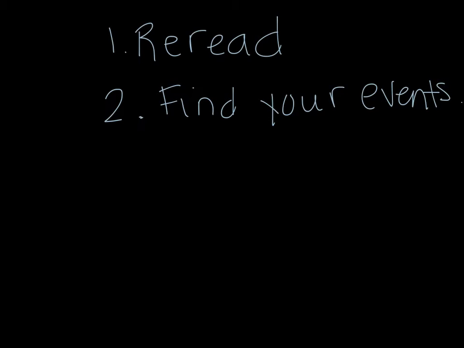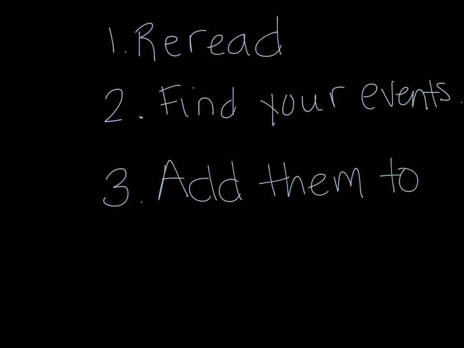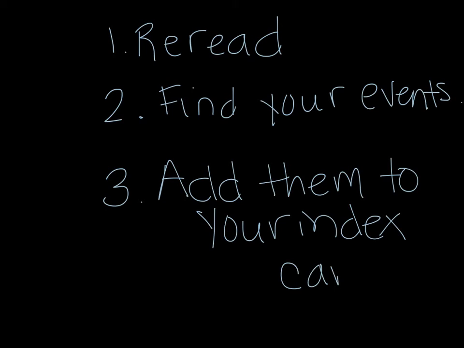If you don't, then you can add those before adding them to your index cards. Adding them to your index cards would be the last thing that you would want to do. Be sure they are details that show, not tell, what you're trying to illustrate for your reader.